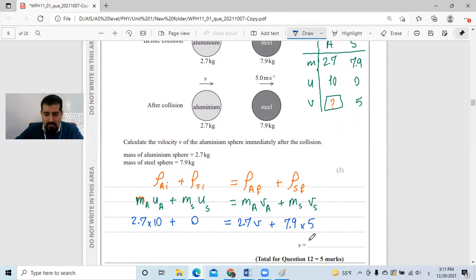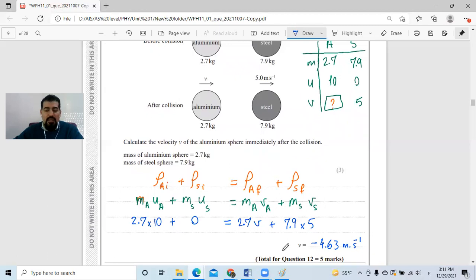By using the calculator, our answer will be -4. Give me the answer if you please. -4.62 meters per second. Thank you. Now, if you didn't put the negative sign, it doesn't matter, because here this negative sign represents what? Thank you. Hamza fixed the answer.